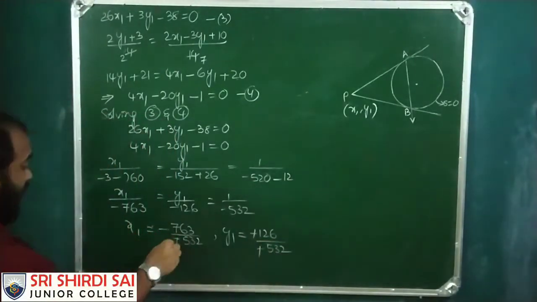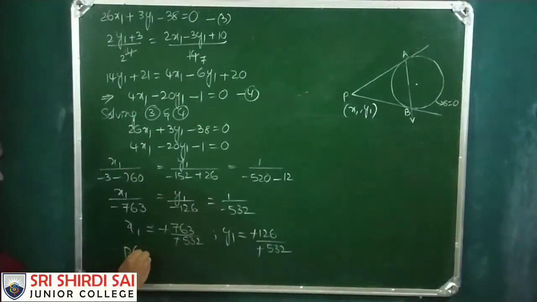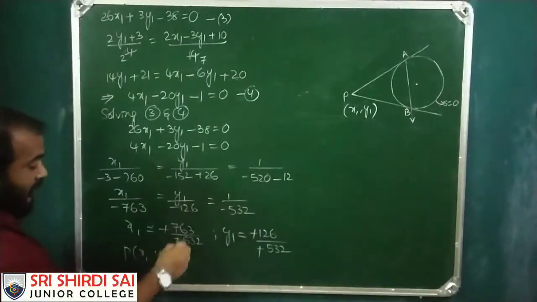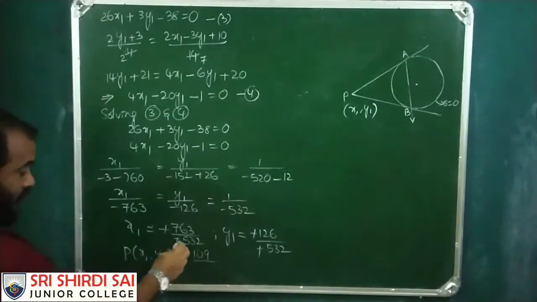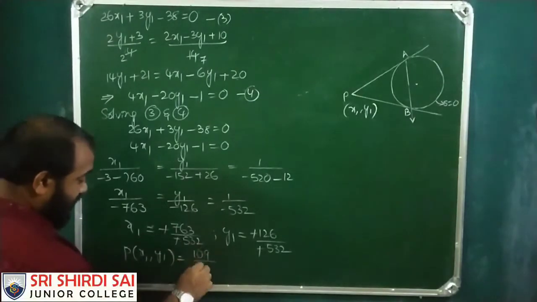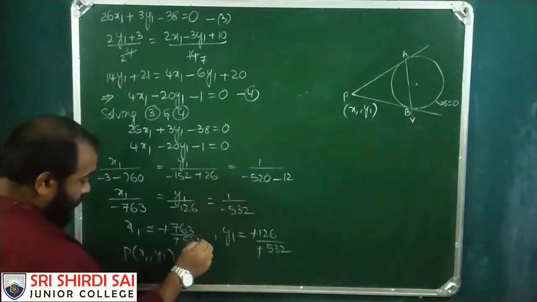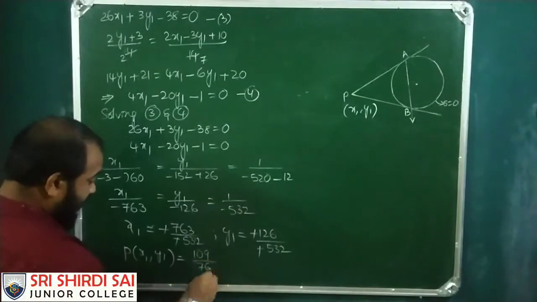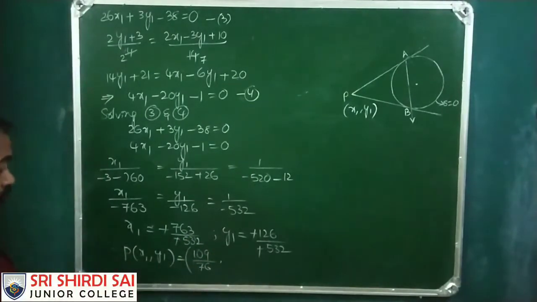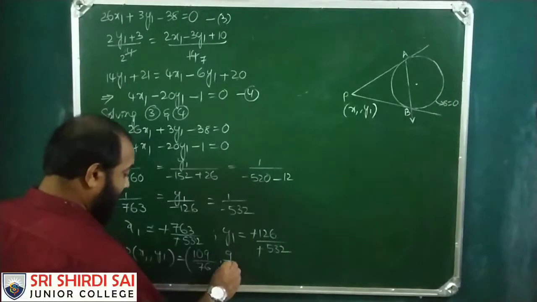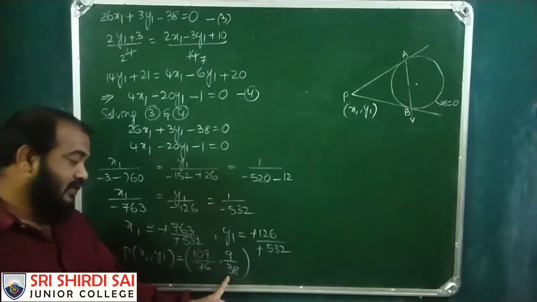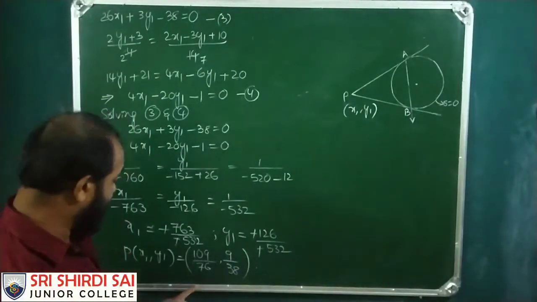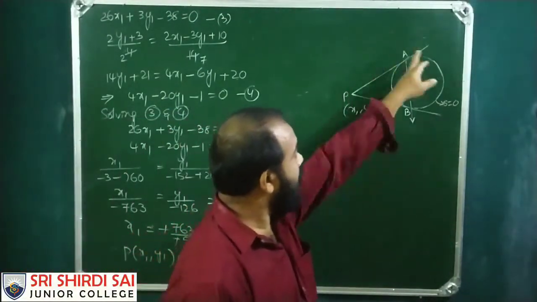So minus gets cancelled here. Therefore P(x1, y1) is, 7 table, if you cancel, 7 into 109 by, 7 7s are 49, so we are left with 476 comma 14 by 38. So this is the point of intersection P(x1, y1) of the two tangents.